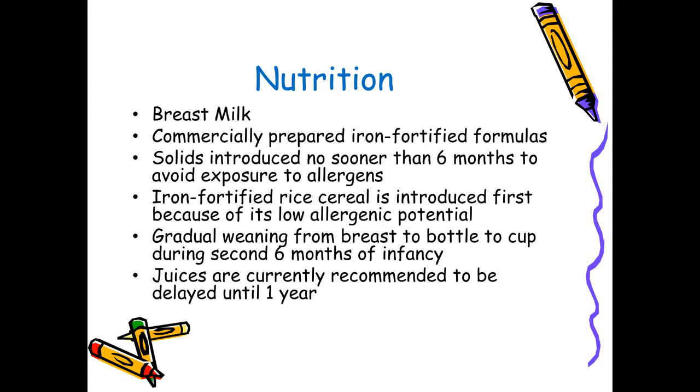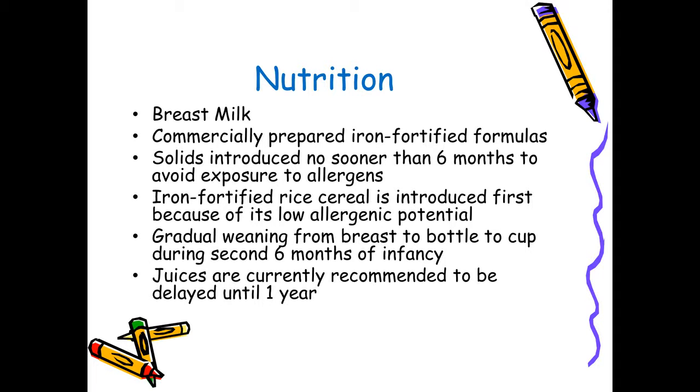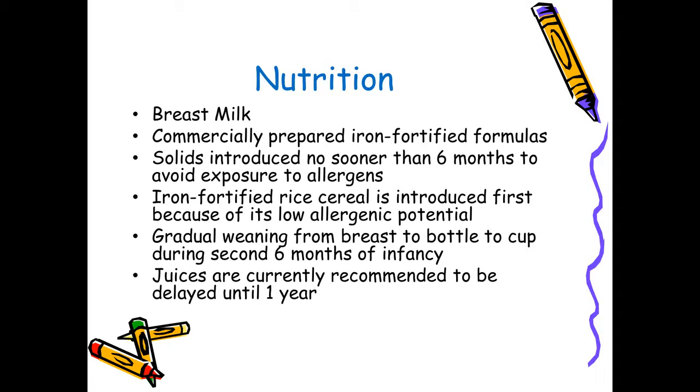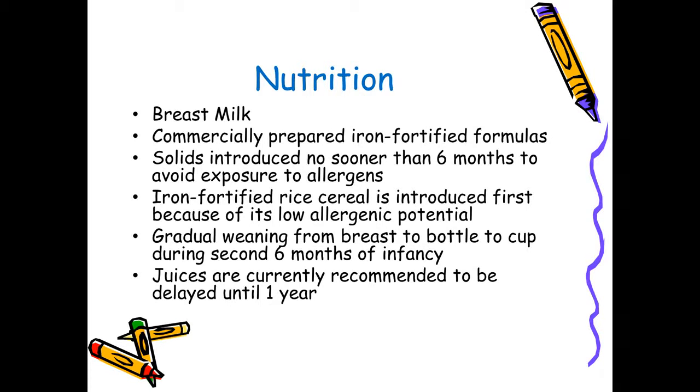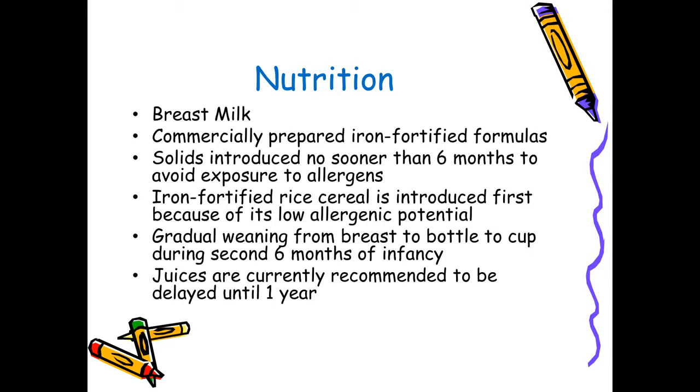After rice cereal or oatmeal cereal, then they move to vegetables, and they should, as I said, try one vegetable per week. Green beans, sweet peas, corn, not to mix them because you want to be able to identify what the child is allergic to and what they will and will not eat. Once you've done all the vegetables, then you would introduce the fruit, then juices, then meats, and then eggs.